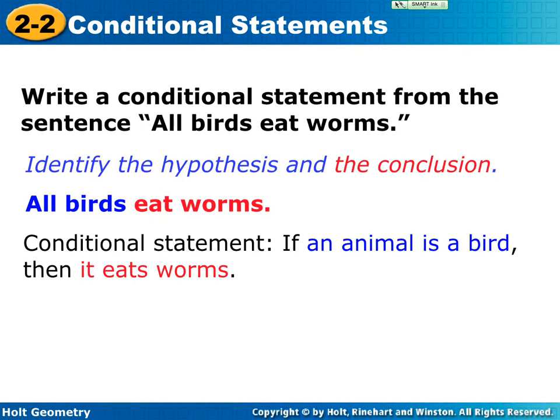We have a bird to start with. And the conclusion about them is that they eat worms. So are there some related statements? Yes, but you're kind of changing the meaning a little bit there. Did you say if birds eat worms, then all birds eat worms? That doesn't make sense. Okay, any questions how you get the sentence out of that one?